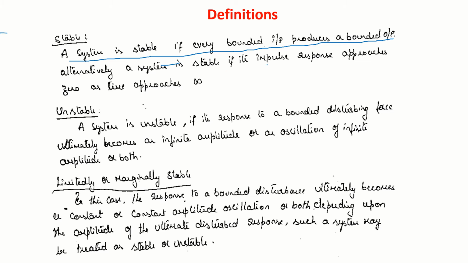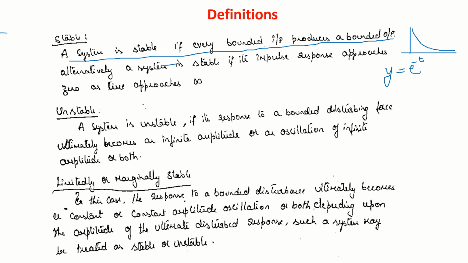Alternatively, a system is stable if its impulse response approaches zero as time approaches infinity. You have seen that. The response should approach 0 as time reaches infinity. The response is most of the time of the form, let us say, e to the power of minus t. As t becomes infinity, it will die down.